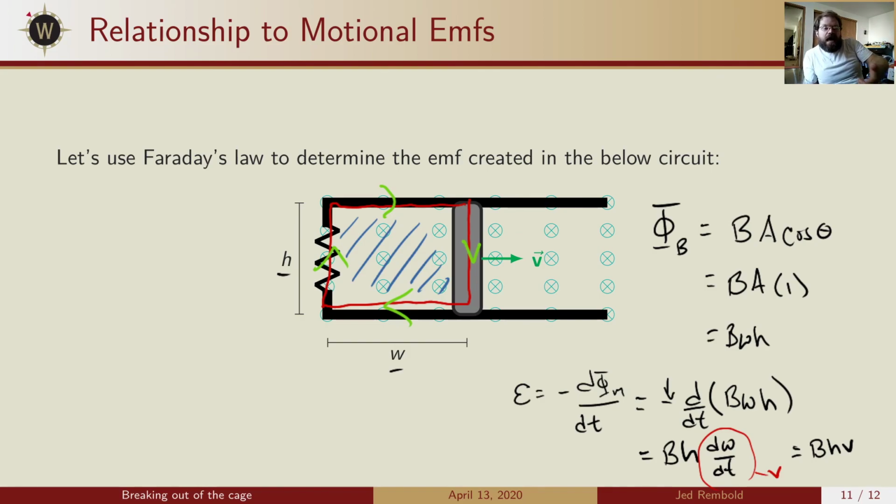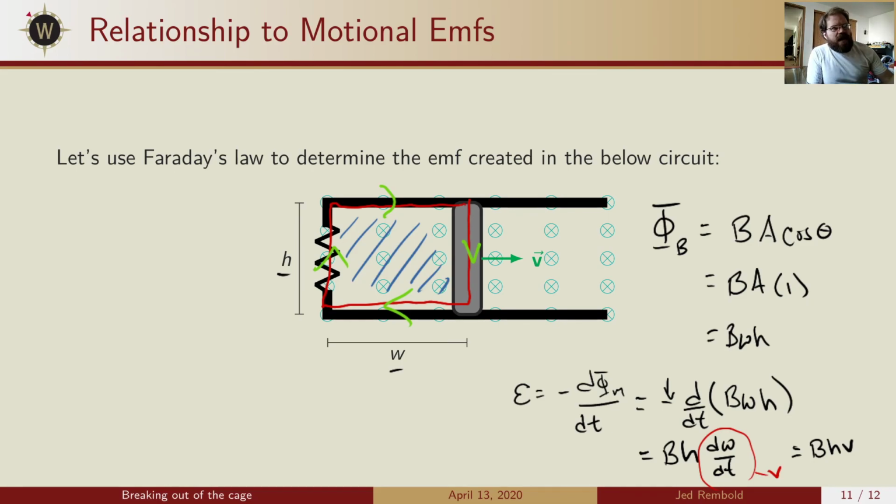Which means that I'm getting more flux going into the page, and therefore I would say, I'm getting more flux into the page, I want to oppose that. Thumb goes the other direction. The current that I'm going to get is going to swirl counterclockwise in this situation.